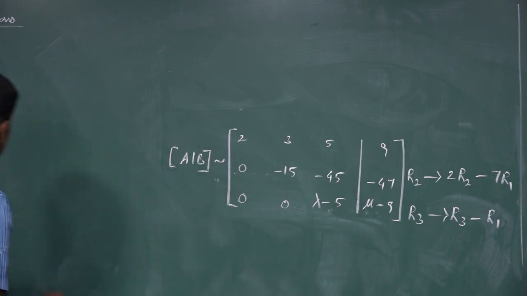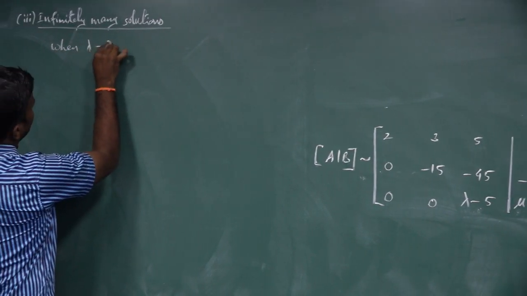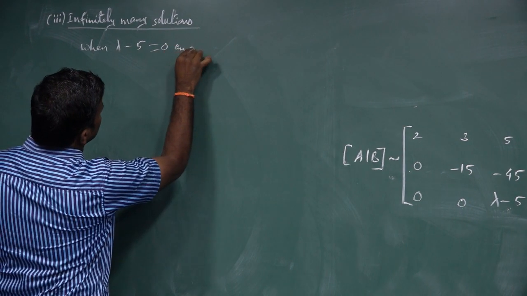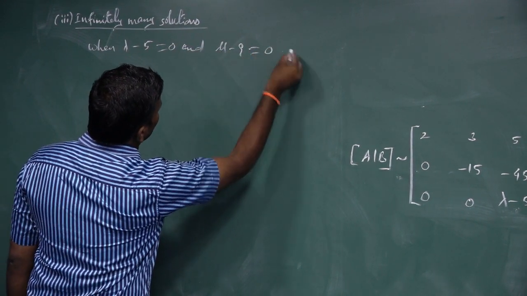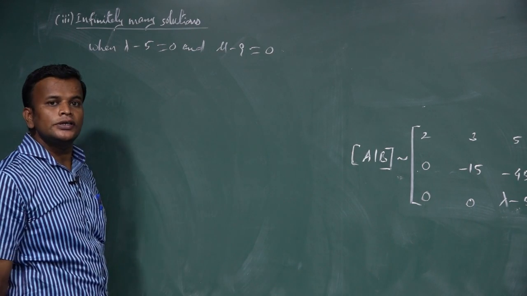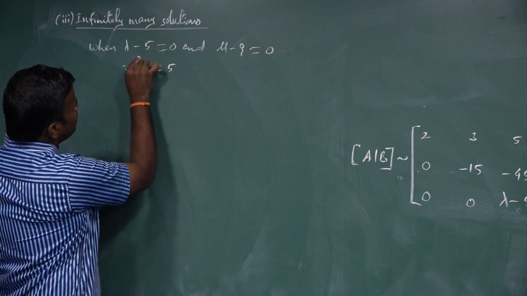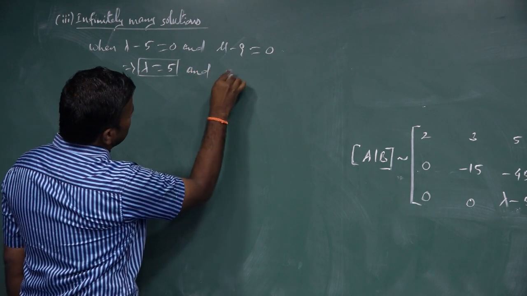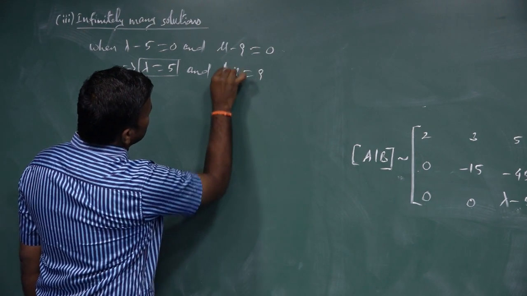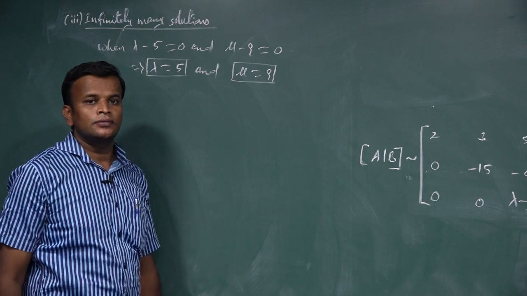That means lambda minus 5 becomes, on that side, plus 5, so lambda is 5, and nu minus 9 becomes plus 9, so nu is equal to 9.